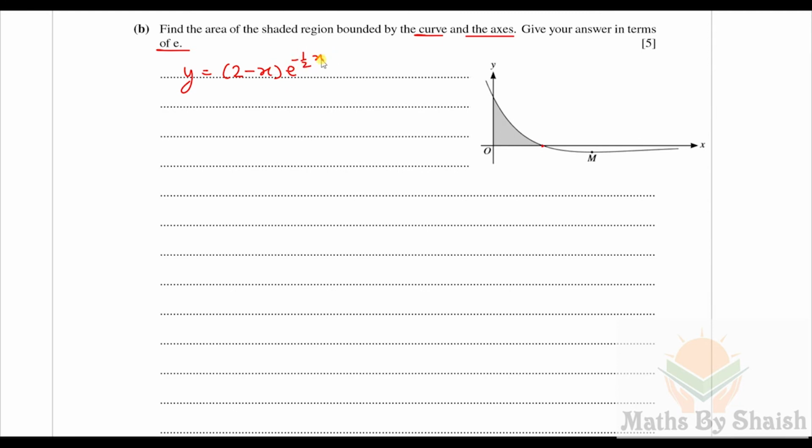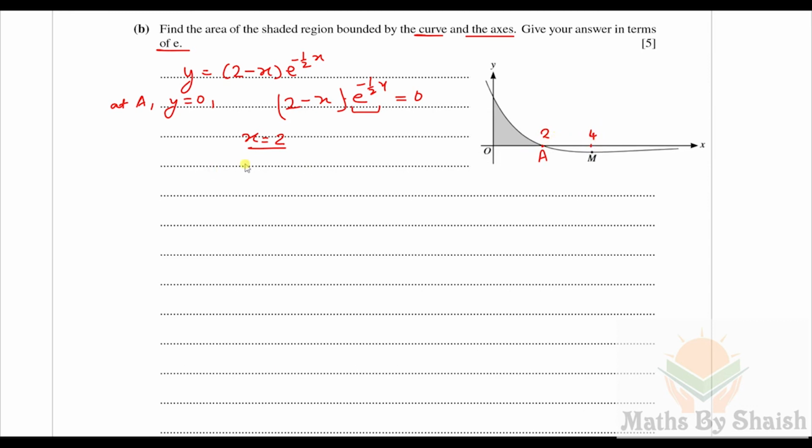So for this point, let's say this point is A, at A y is equal to 0, and hence (2 minus x) e raised to the power minus 1 by 2 x should be 0, and we know that the exponential cannot be 0 ever. It means x should be 2. So we got the x coordinate as 2 here, so this point is 2, and here it was 4, as we have seen in the previous part.